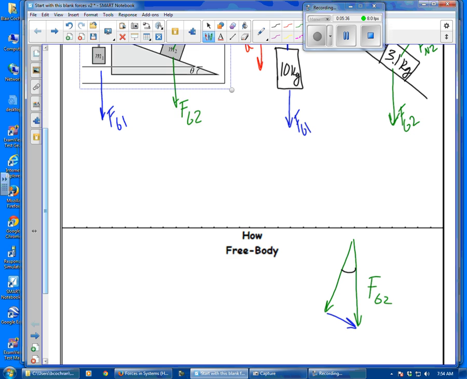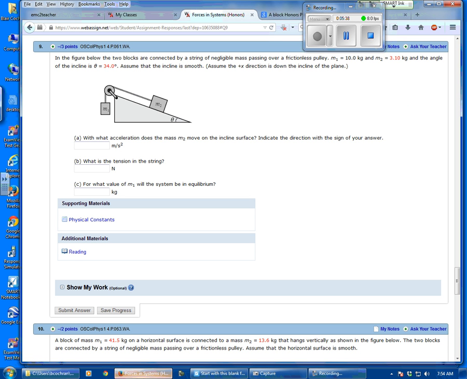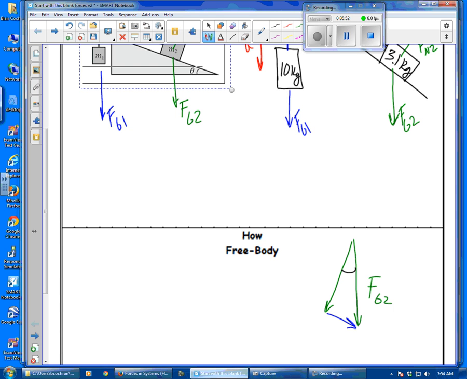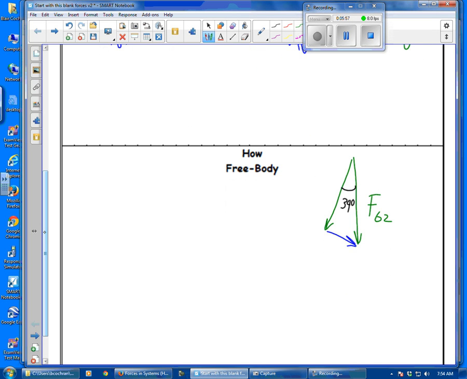This angle here is the same as my angle theta with the horizontal, and for me that's 34 degrees. So this is 34 degrees, which means that this side is FG2 sine 34 degrees, and this side is FG2 cosine 34.